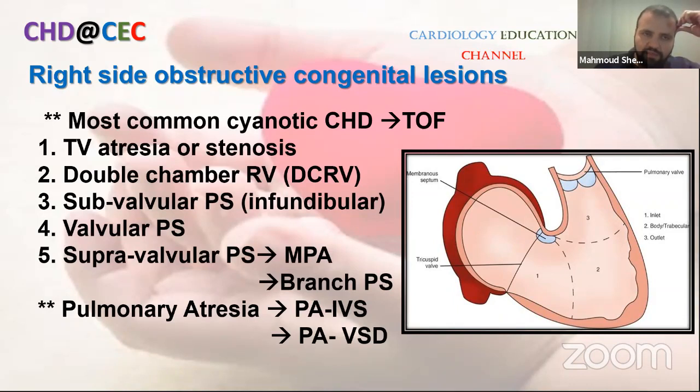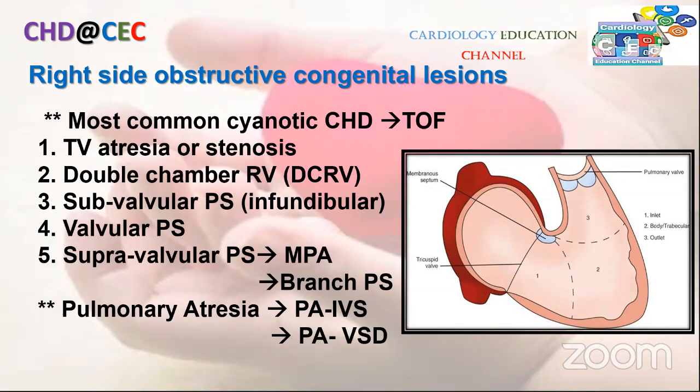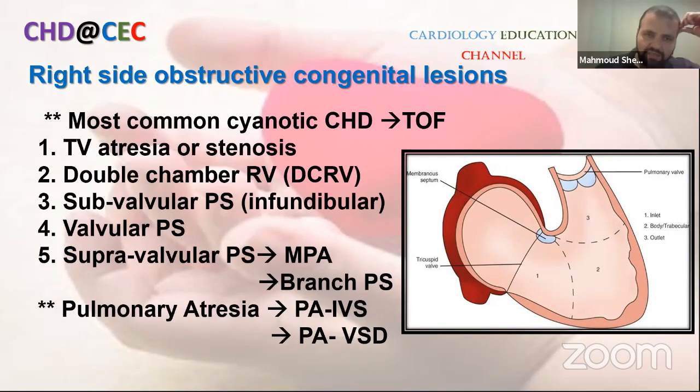Also one of the important obstructive lesions, or the extreme form of the obstructive lesion on the right side, is pulmonary atresia, which may be in the context of an intact interventricular septum or pulmonary atresia with VSD. These are also separate entities that will be discussed in separate sessions, but we'll give some hint on pulmonary atresia and the management of pulmonary circulation at the end of the lecture.